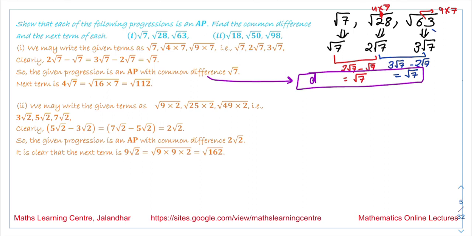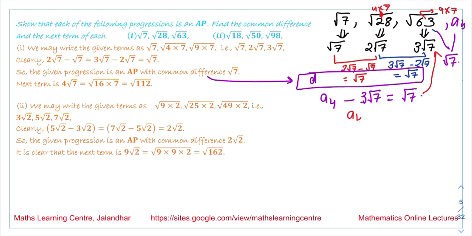Now next we have to calculate the next term over here. Suppose we say the next term is A4. Then the difference between these two terms should be root 7. It means A4 minus 3 square root 7 should be equal to square root of 7.